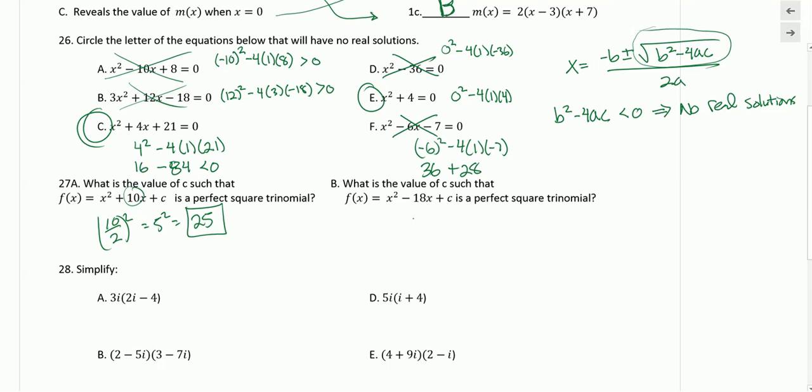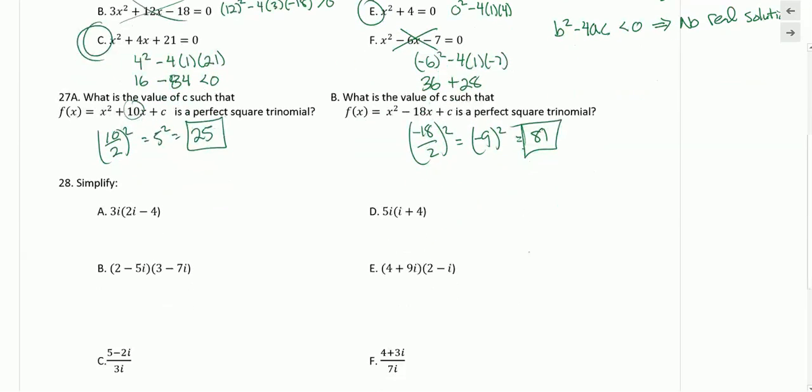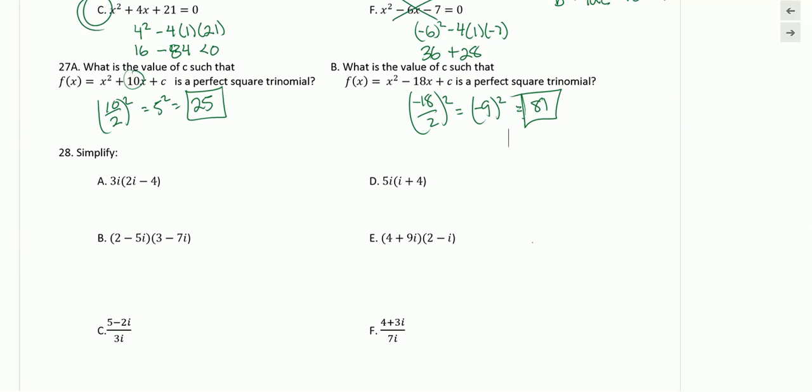Same idea here, take negative 18, cut it in half and square it, which is negative 9 squared, which is positive 81. 28, we're simplifying, so we distribute here and we get 6i squared minus 12i. And remember that i squared is equal to negative 1. So this is negative 6 minus 12i.